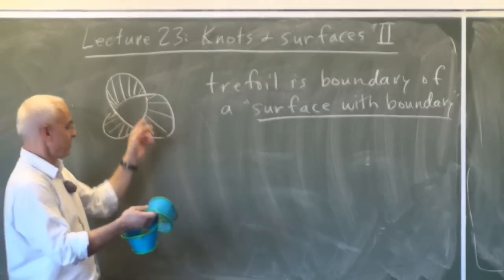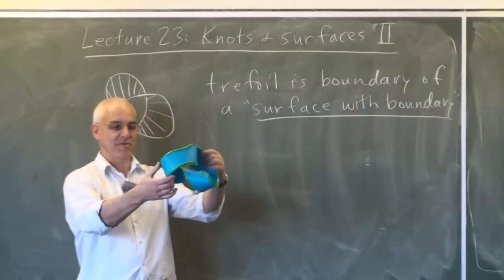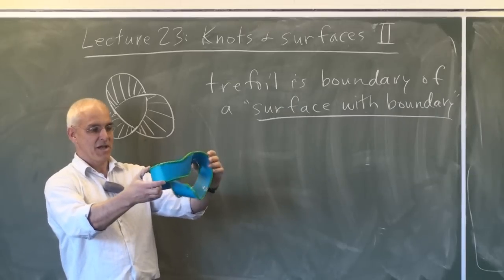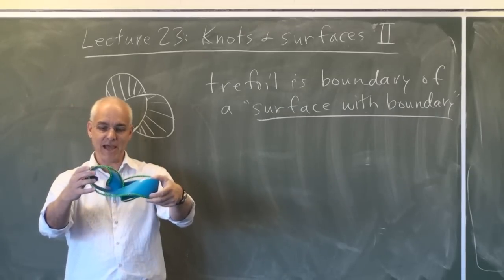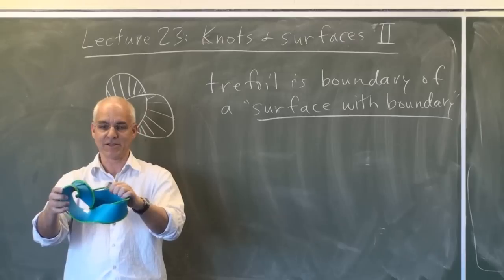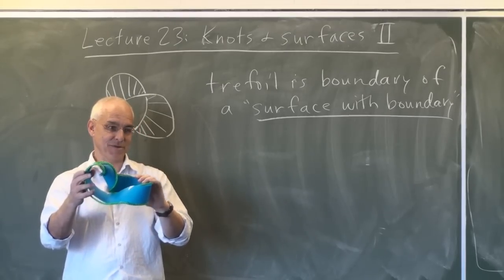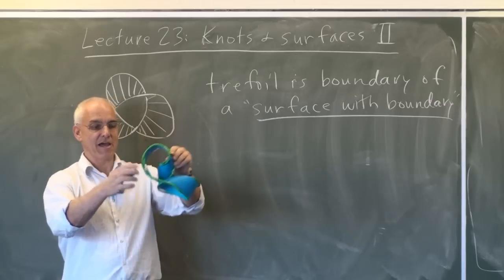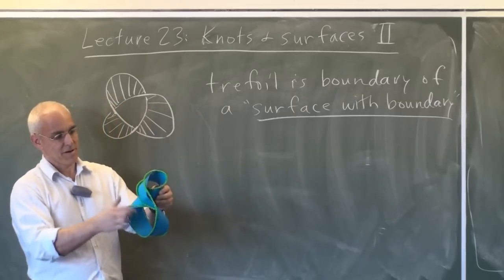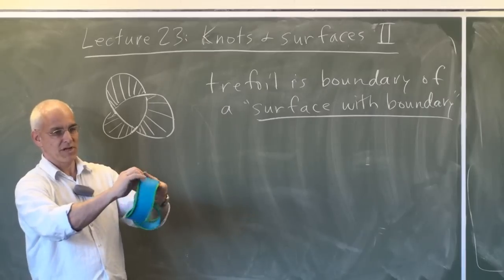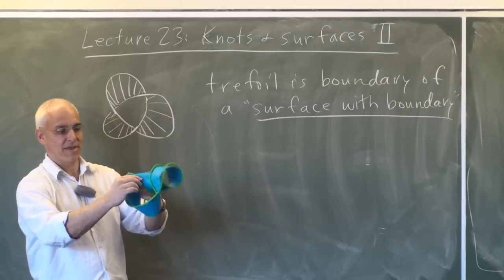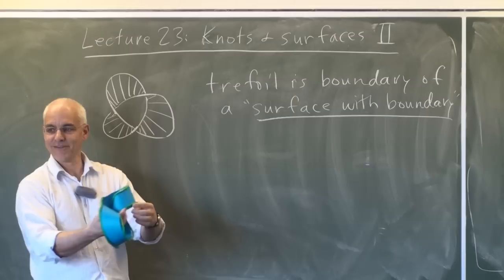So here I've tried to make a picture that illustrates this. The actual surface that's happening here is a Mobius band with 3 half twists in it. Okay, there's 3 half twists, and I've put a knot all the way around the edge.